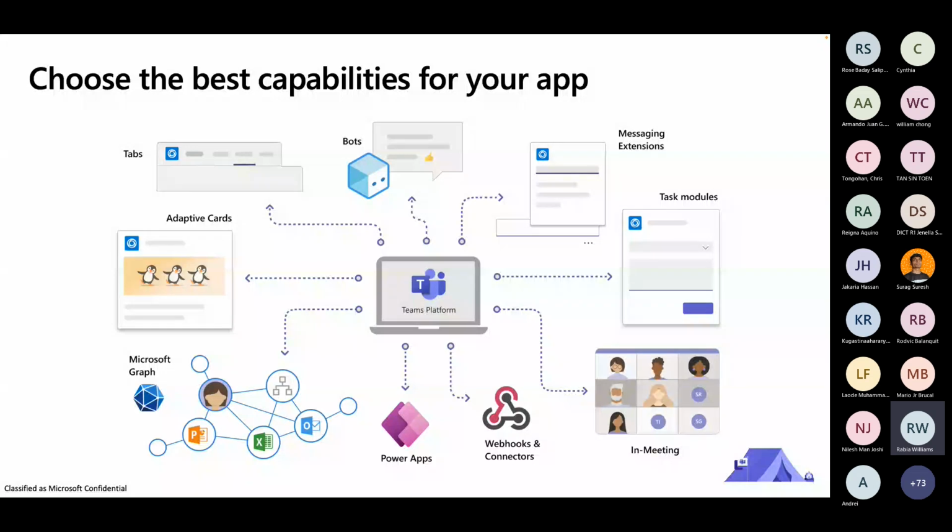All this kind of data you would need to make your application more intelligent or smart. So if you want to use that data, you can use Microsoft Graph, which has all the APIs needed for all the workloads like Outlook, Teams, or whatever.